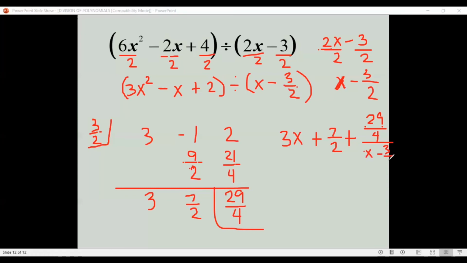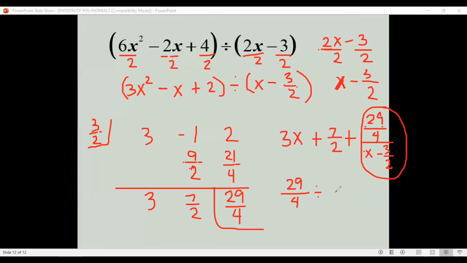So that means you have to deal with this whole thing, because this is now in terms of a complex fraction. So when you are working with a complex fraction, you consider your 29 over 4 as the numerator, and you are to divide this by the quantity x minus 3 over 2.